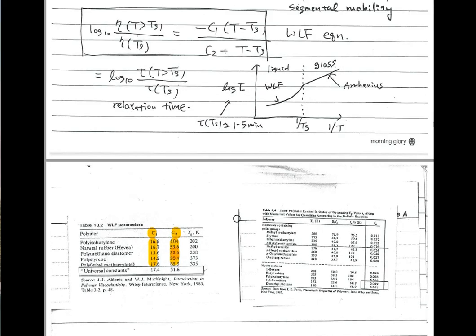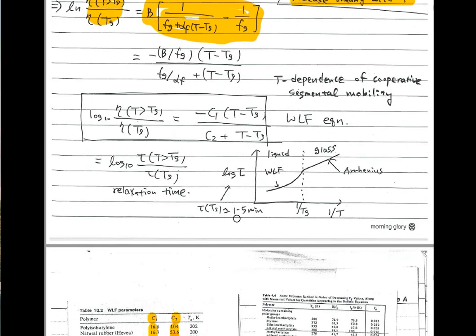Anyhow, the derivation is not important. The main point here is that you can determine this shift factor, which will give us the prediction of the behavior of polymers at different temperatures based on the master curve.